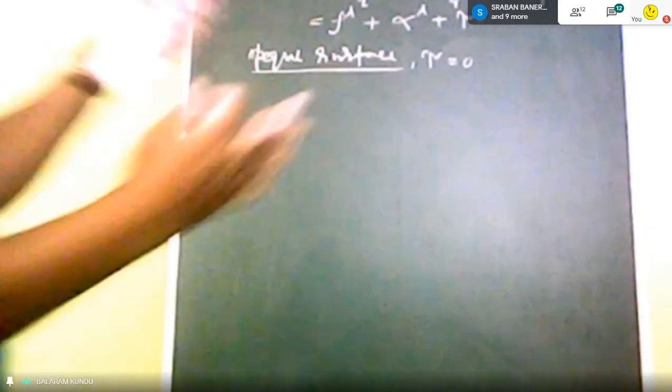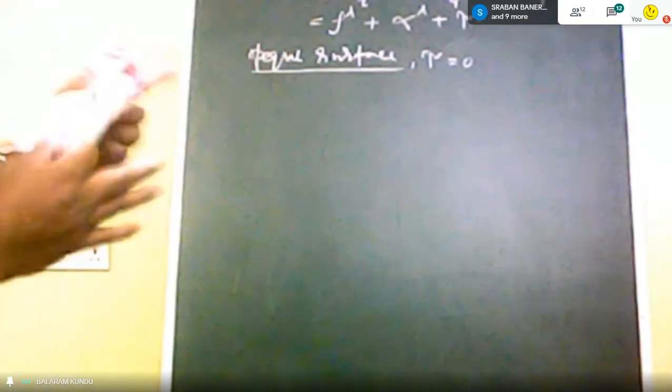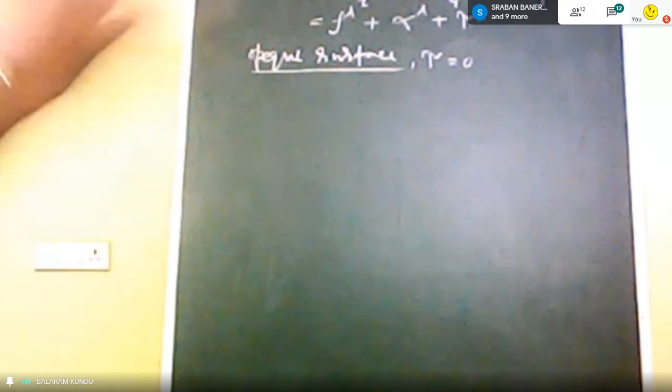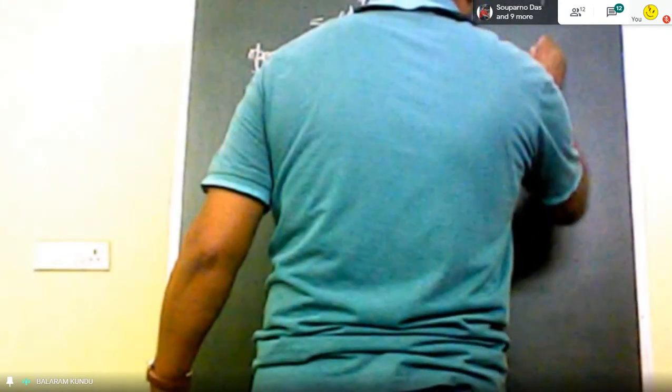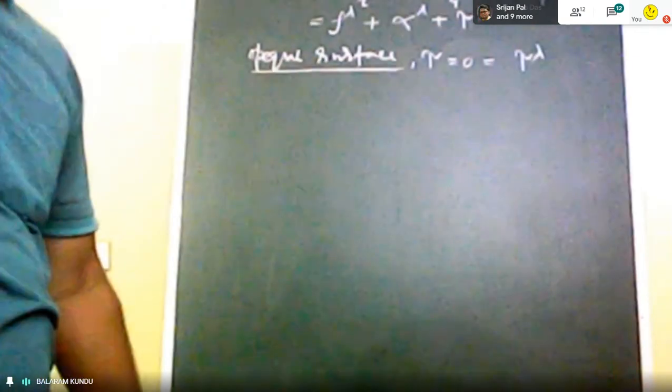So hemispherical transmissivity or spectral transmissivity, tau lambda, should be 0 for an opaque surface.